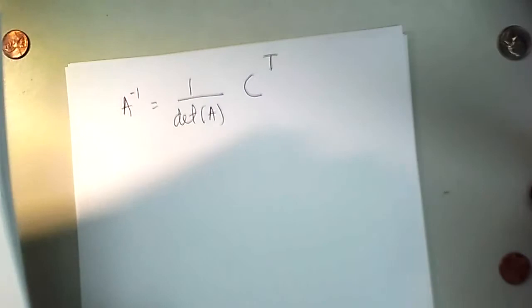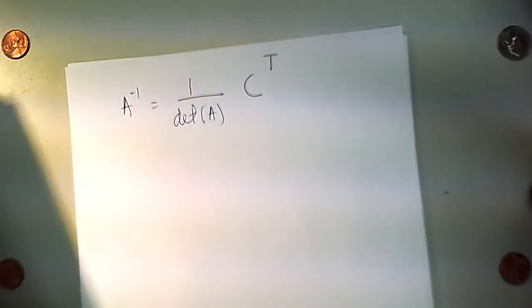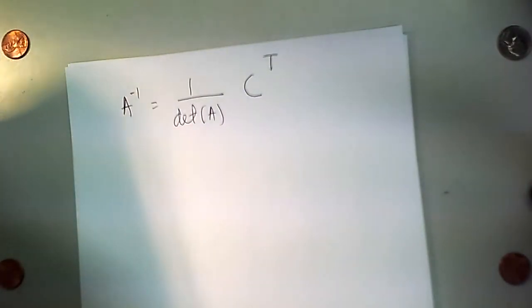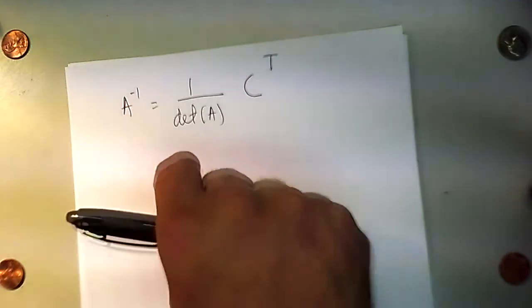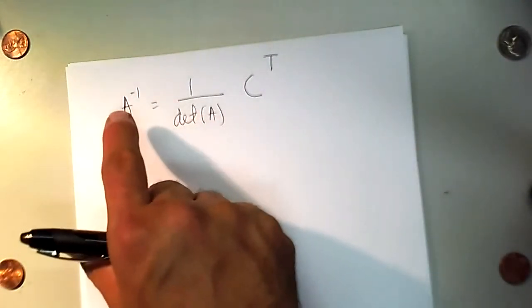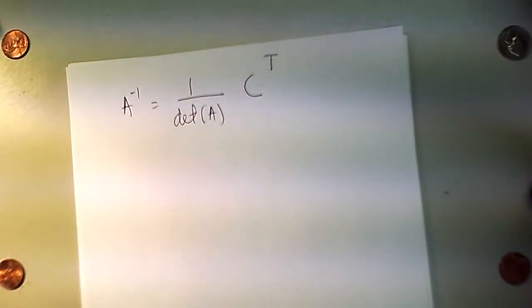Using the determinants and Cramer's rule, there is another application. So one application of Cramer's rule is to be able to find the inverse of a matrix.